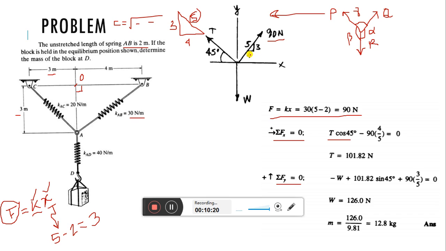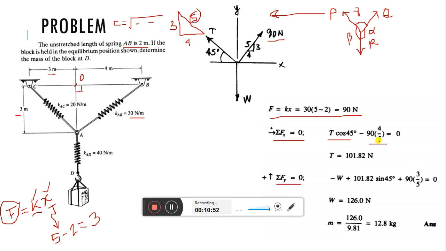So base is 4 already known, hypotenuse is 5 already known. So cannot we write 4 by 5? So you can directly put 4 by 5. Just think, if you try to find out the angle, then after finding out the angle you need to again calculate what is the cos value for that angle. Instead of that, you directly put cos theta is equal to 4 by 5. So there is less requirement of calculation.